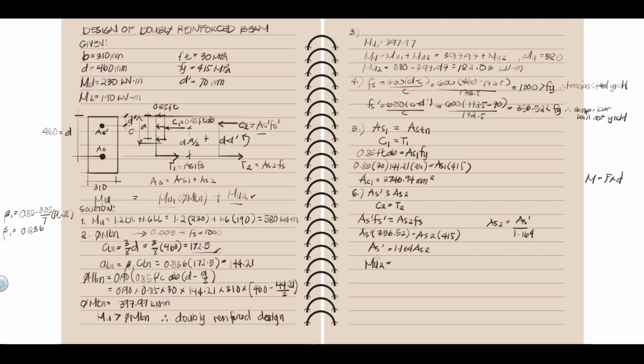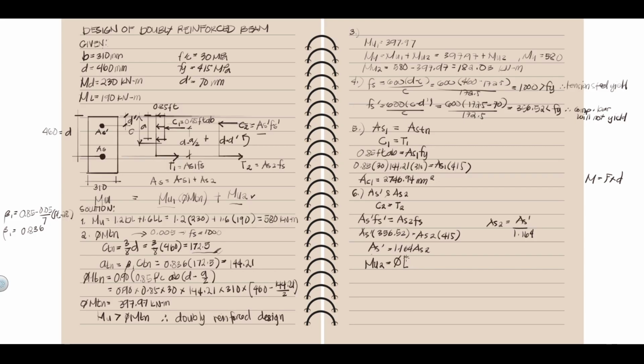Okay, so yung MU2 natin, that is the actual moment, no? Yan yung na-compute natin, factored moment. Therefore, kailangan nating i-multiply yung kabila ng reduction factor, for this moment here to become a factored moment or the actual moment, para ma-compare natin.